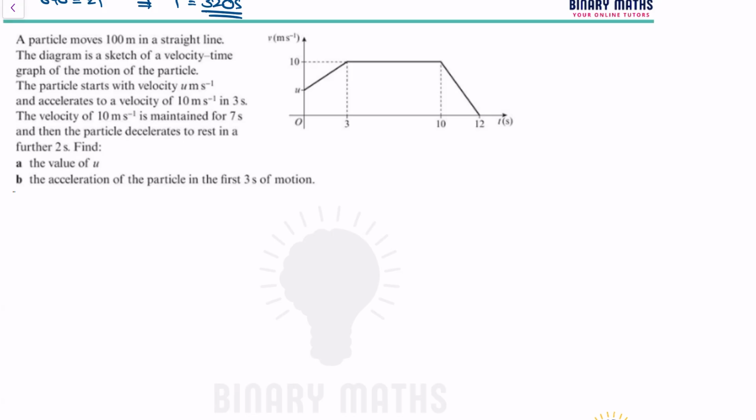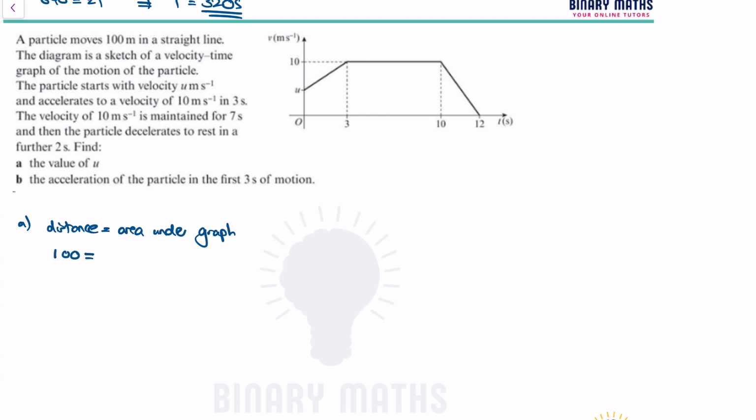So what we do know is it's moved 100 meters, so distance is equal to area under graph, which means 100 meters must be equal to the area under the graph.